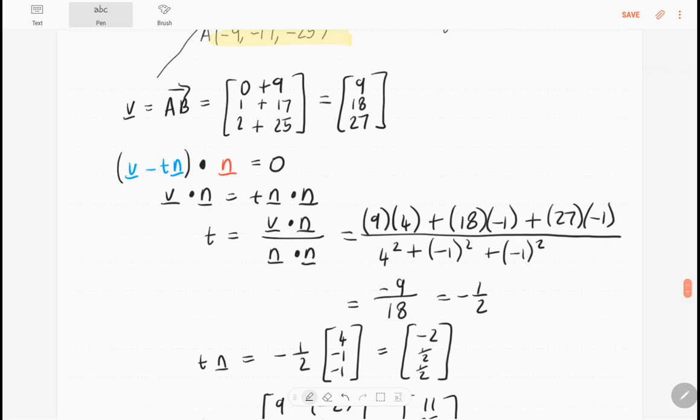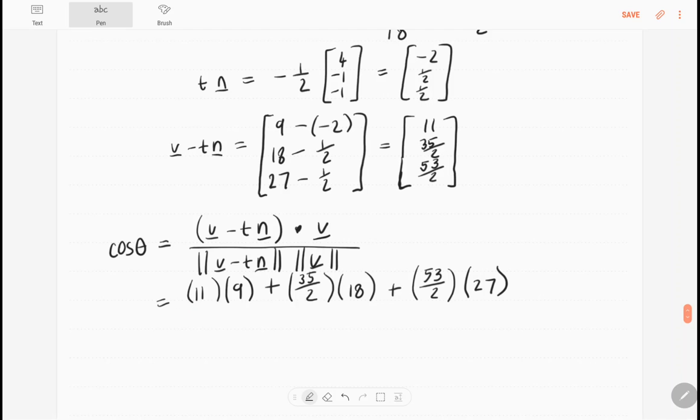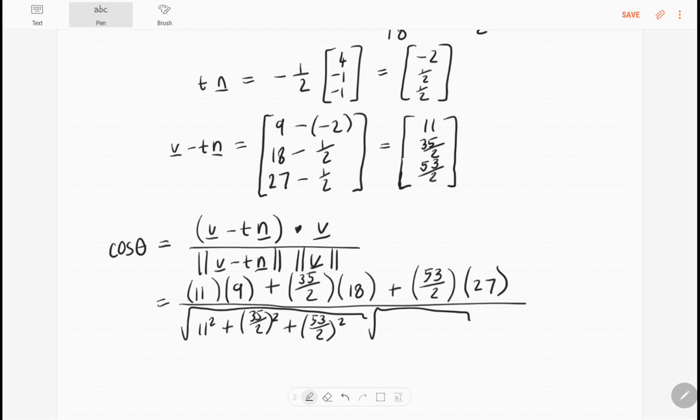And then it's going to be the norm of v minus Tn. So that's going to be the square root of 11 squared plus 35 over 2 squared plus 53 over 2 squared, multiplied by the norm of v, which is going to be the square root of 9 squared plus 18 squared plus 27 squared.